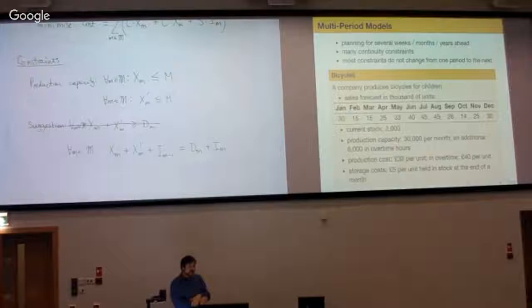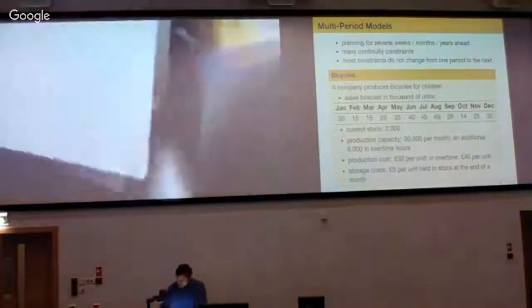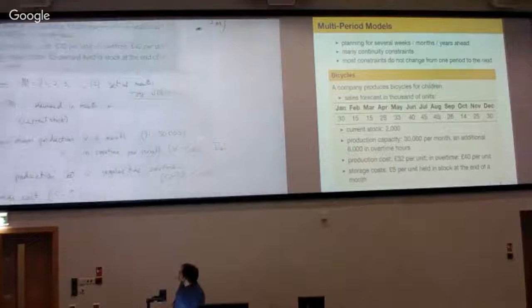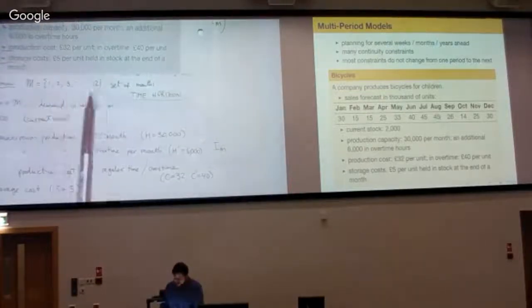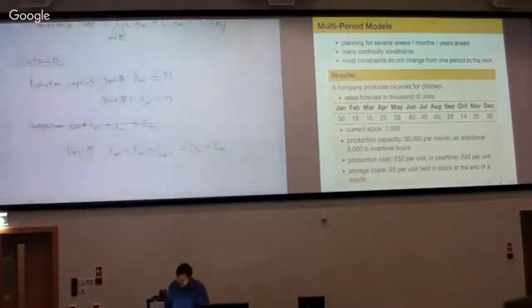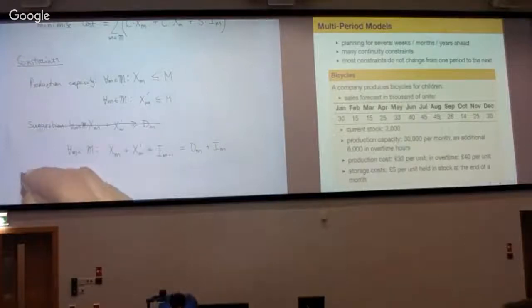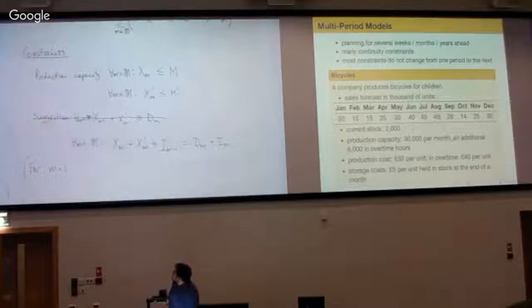So how about the I naught? Here n is a set of months, and at the beginning, I said that the set of months starts with 1. So n is 1, 2, 3, up to 12. So in this constraint, n is 1 in the first month.